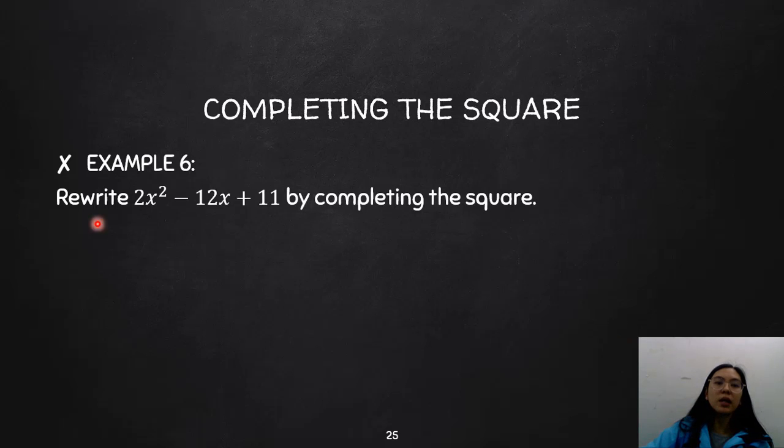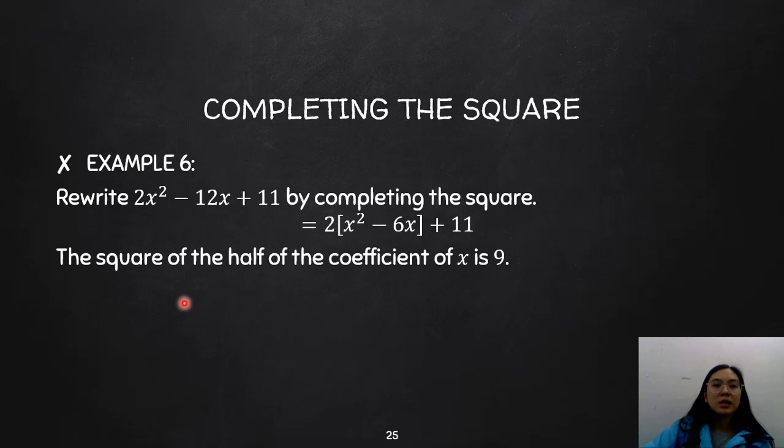So, it says here, rewrite 2x squared minus 12x plus 11 by completing the square. So, una, i-factor out natin yung 2, diba? 2 multiplied by the quantity x squared minus 6x, plus 11. The square of the half of the coefficient of x is 9.